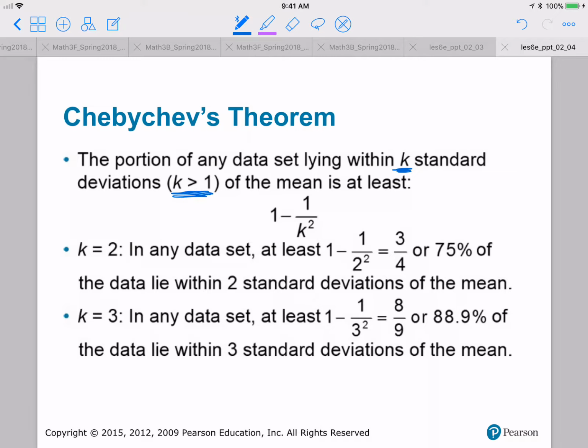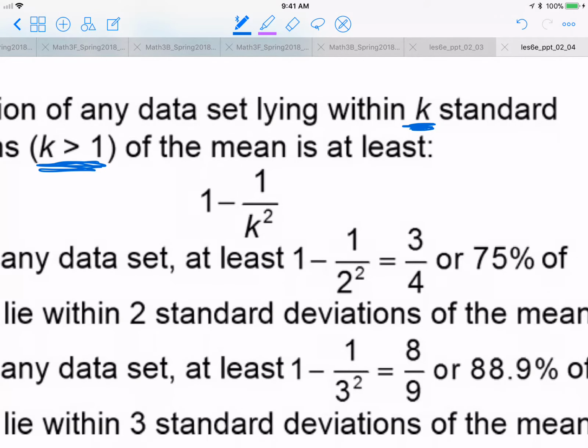So, for example, say k is equal to 2. The portion of any data set lying within 2 standard deviations of the mean is at least, if k is equal to 2, 1 minus 1/4, or 75%.